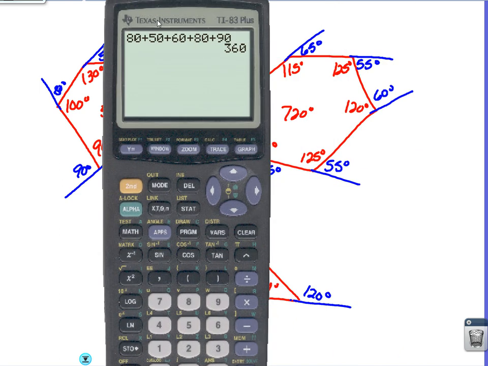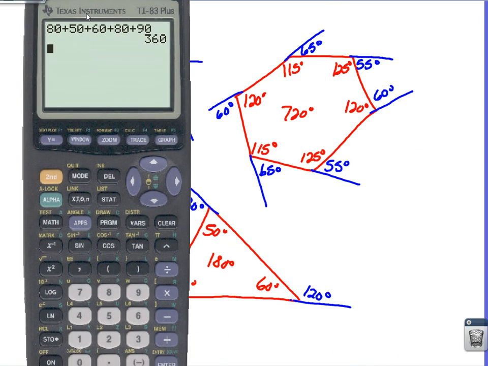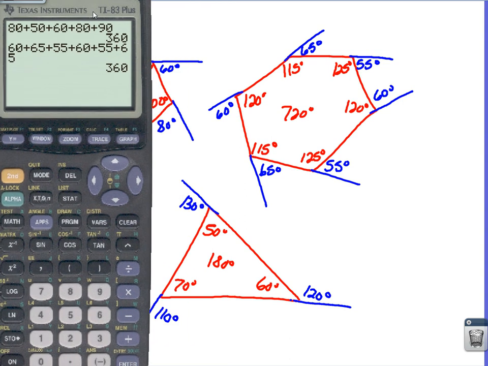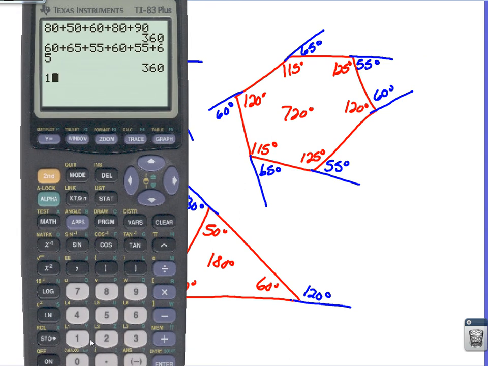In my second shape, my exterior angles were 60 plus 65 plus 55 plus 60 plus 55 and 65. 360. In my triangle, I have 130, 110, and 120. 130 plus 110 plus 120. And I get 360.